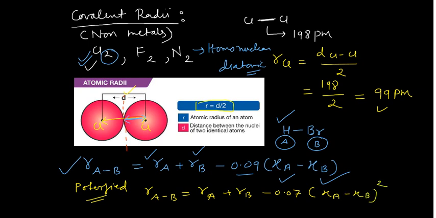If you have been given these parameters, then you can calculate the radii of any atom. These things are very, very important.